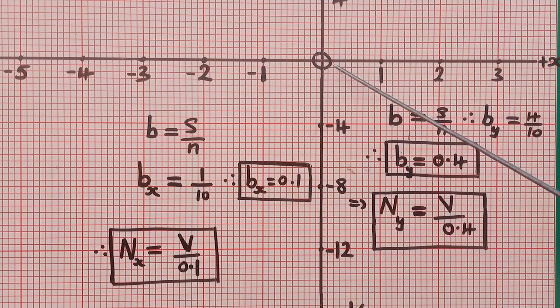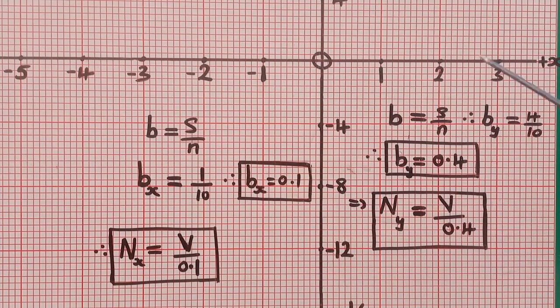Yes, because if you count from here to here, that is one interval. You have 10 boxes. Also from here to here, 10 boxes. So in every interval, there are 10 boxes. Therefore, the small n is equal to 10. So scale is 4. Small n is 10. Now calculate 4 over 10. It is equal to 0.4. Therefore, the unit value for a unit box along the y-axis, that is b subscript y, is equal to 0.4. I hope you know how this was gotten and that you are following.